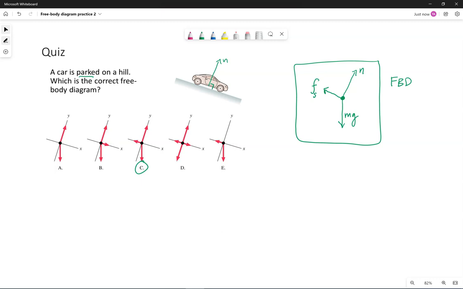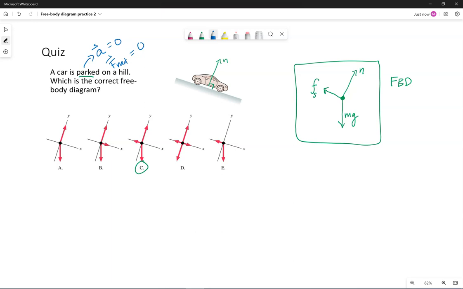In terms of balancing forces, we know since the problem says it's parked on the hill. So this is a side note, this isn't part of answering this specific question. But if the car is parked on the hill, its acceleration is 0. That means the net force on the car has to be 0.